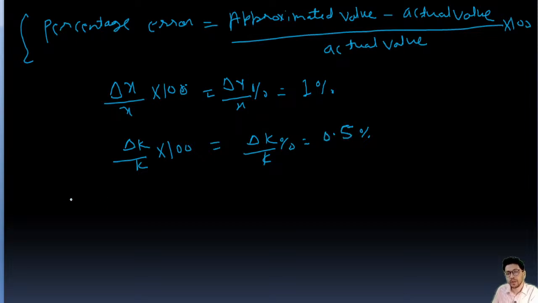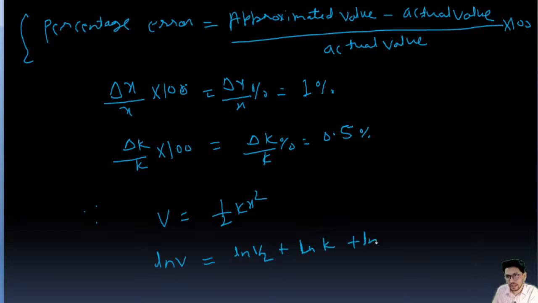So now we have to find out the percentage error of potential energy. We have been given V equal to half kx square. So we'll take ln on both sides. So this is going to be ln V equal to ln half plus ln k plus ln x square.